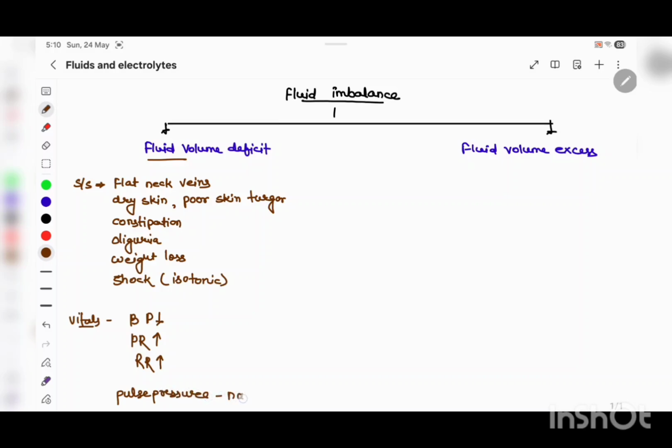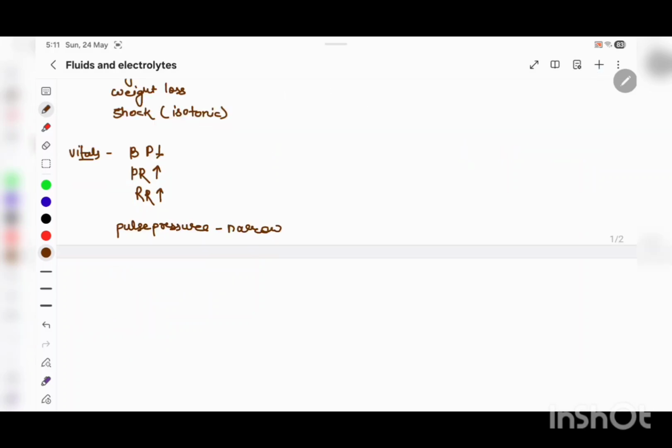In fluid volume deficit there will be narrow pulse pressure. Next, CVP, central venous pressure, depends on the water content. If water content is decreasing, CVP will decrease.